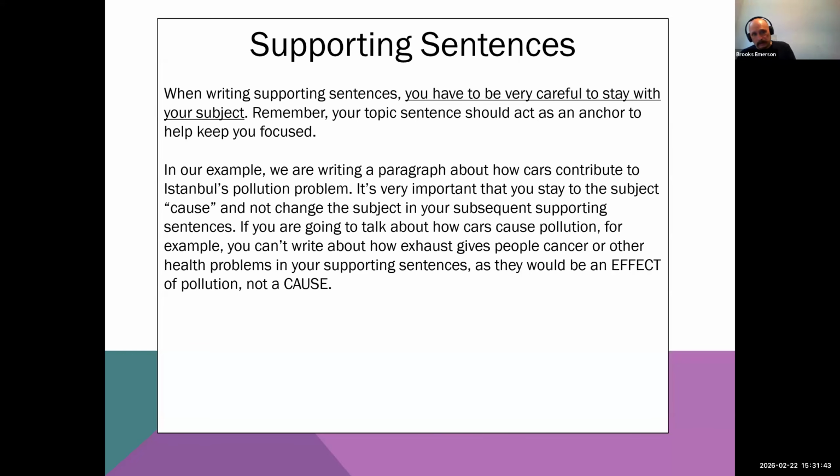That's an effect of pollution. And the teacher will notice right away and they'll say, off topic, you didn't get it. So you've got to be very careful. That's why I put that anchor symbol, that your topic sentence is your anchor. You really want everything to point to that.